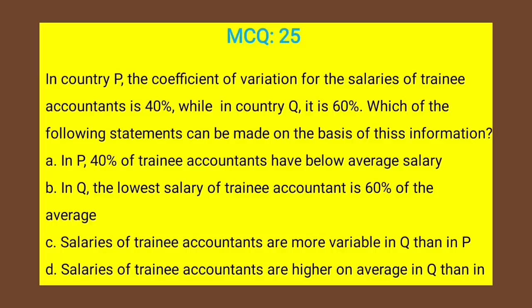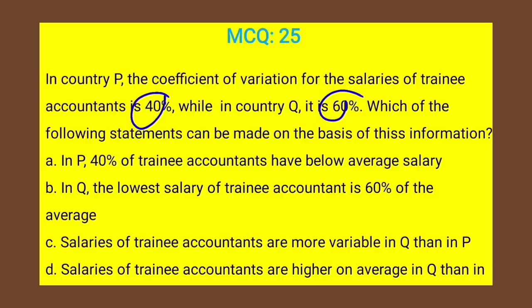So you can clearly see these variabilities: 40% and then 60%, for P and then Q. Which of them will be more variable from the mean? It's certainly going to be 60, because 60 is the higher value and will be far from the mean. So the spread from the mean is going to be very high.